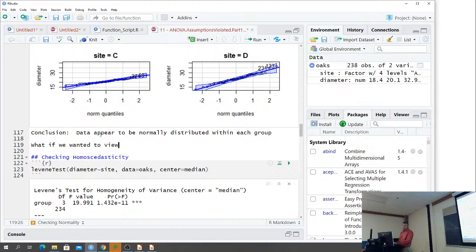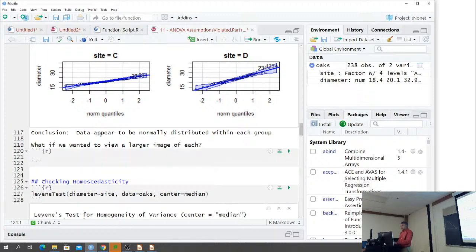If you wanted to view a larger plot of each, I would do something like this.